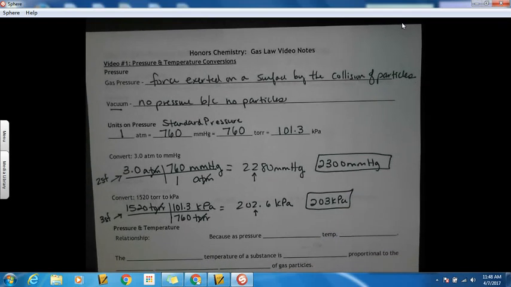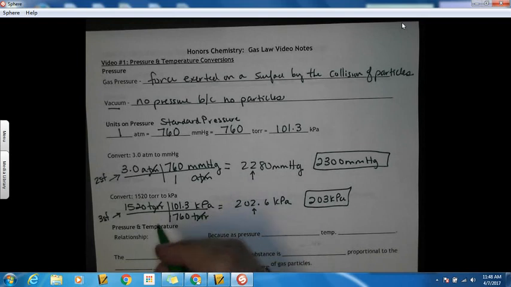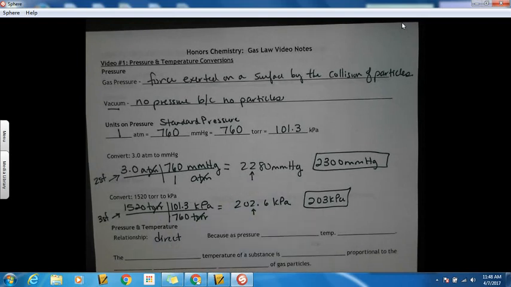The relationship between temperature and pressure is a direct one, just as you looked at with the kinetic molecular theory POGIL that you did. As our temperature increases, that means our particles move more quickly.